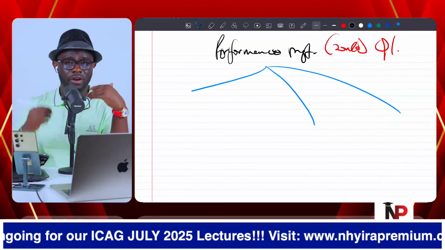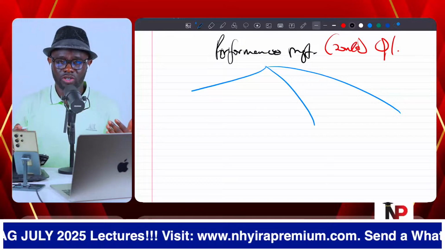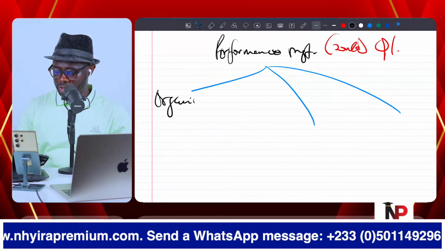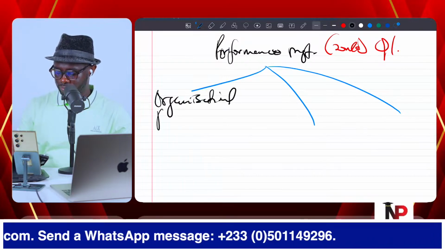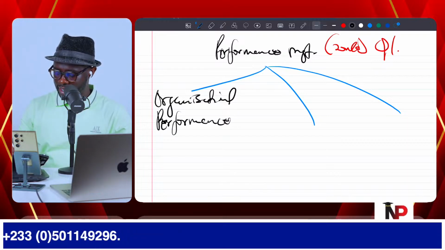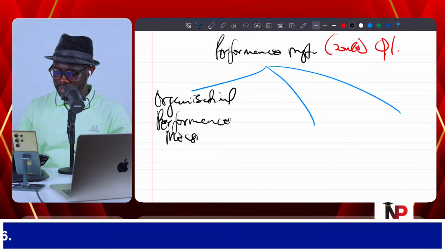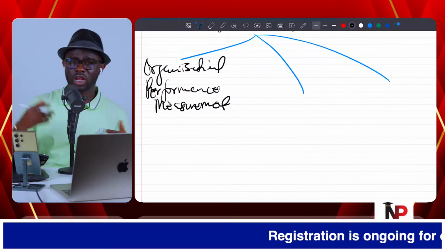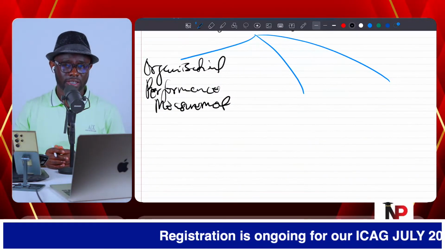The first area is where we are dealing with the issue about organizational appraisal or organizational performance measurement. So if we want to assess the entire organization's performance, how do we do it? And we can use both financial and non-financial performance indicators.